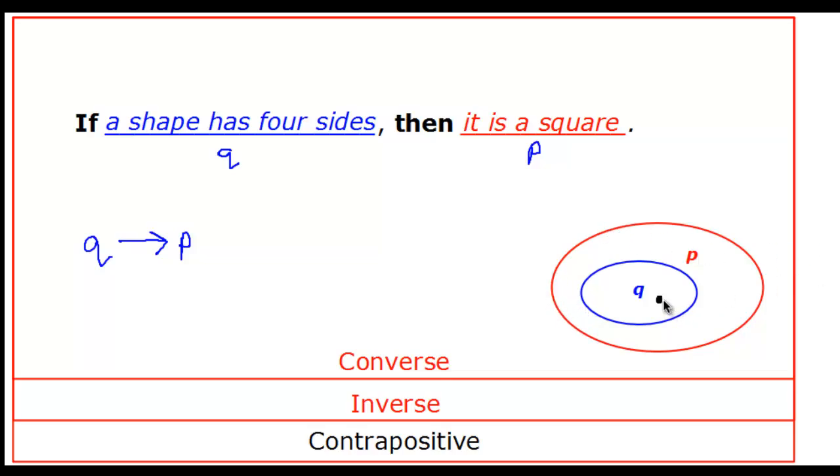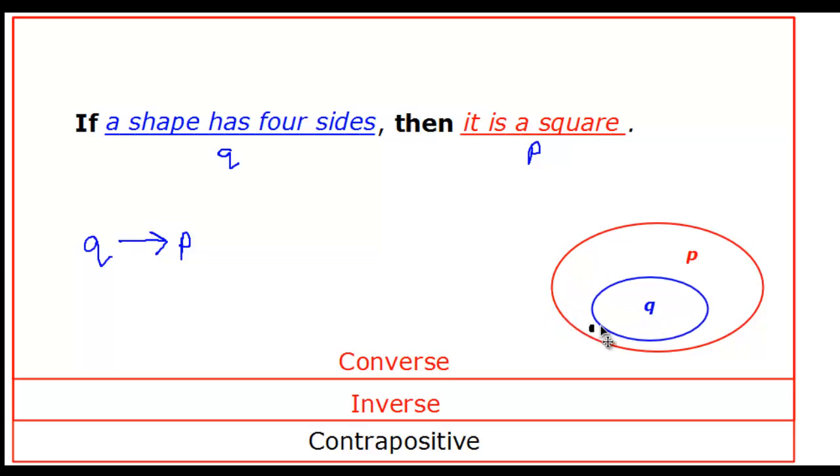Or is there a possibility, could it be like this? Aren't there four-sided shapes that are not squares? Hopefully you're saying yes, there are.